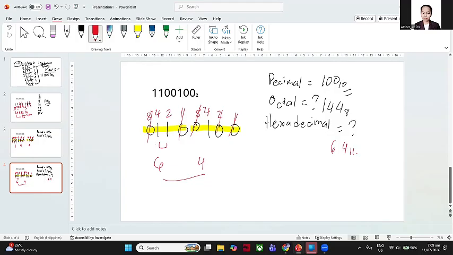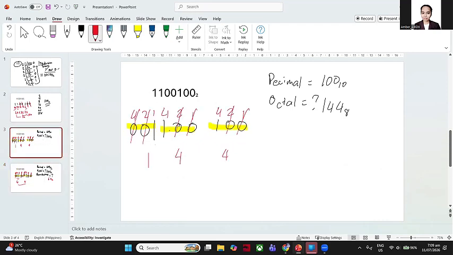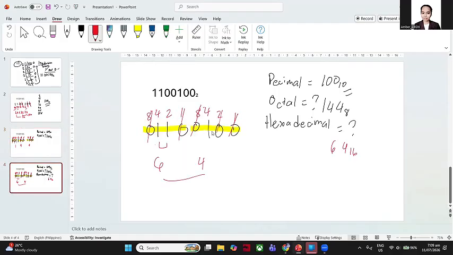In octal, we just merge the numbers. But when it is 1, we're going to have it by this number, then in here, we're going to add. So we have our hexadecimal 6416.